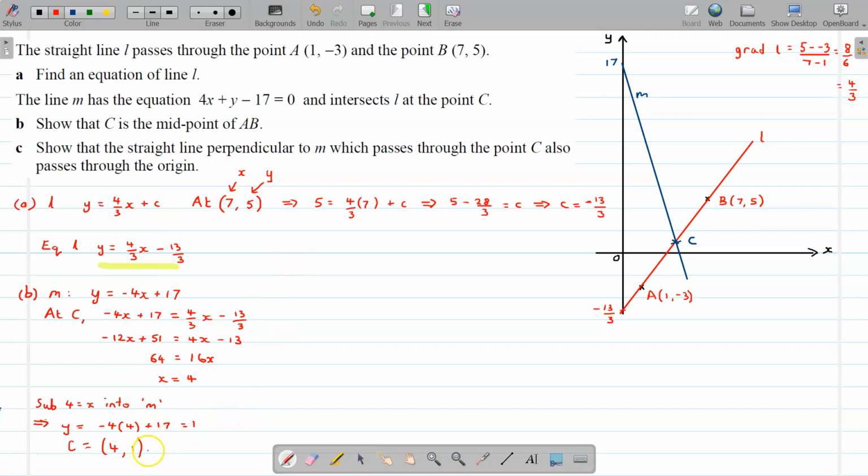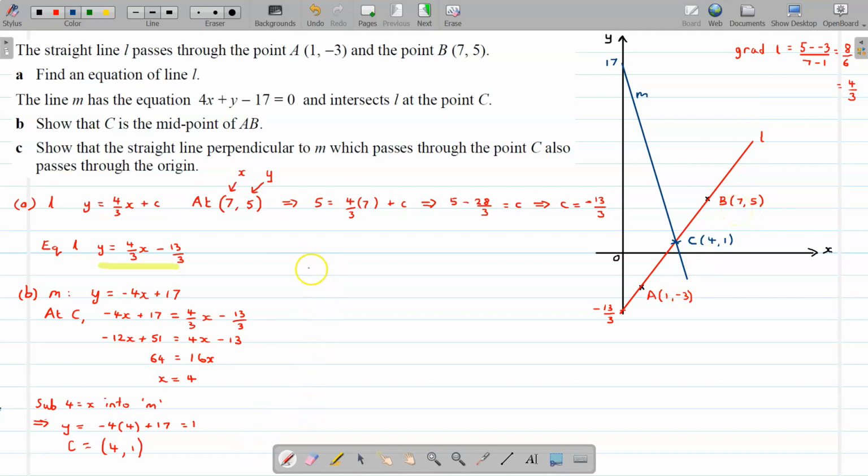Now, we've got to show that C is the midpoint. We can kind of see that it is, but I'm just going to show you how we can mathematically show that it's the midpoint between A and B. Halfway between 7 and 1 is 4. You see, it's the average of the two x coordinates.